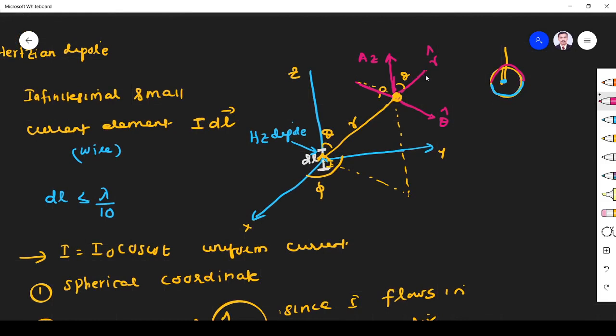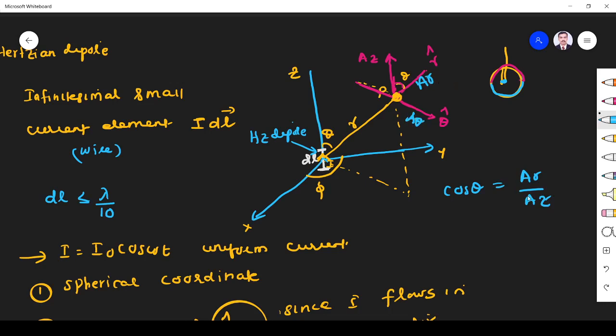Next we see from the diagram. This is the R component. This is theta, and the same theta is here. So from this, what is cos theta? Cos theta is equal to AR by AZ. This is AR, and this is the A theta component.